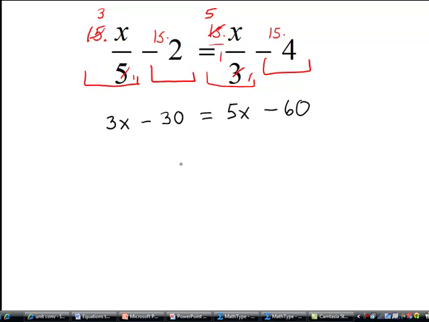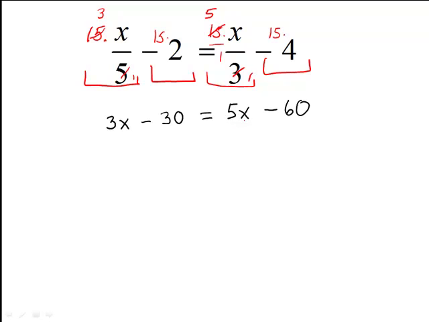Now we're going to solve. We have an x term on both sides, so we should get rid of one of the x terms. We could either get rid of the 3x or the 5x. I'm going to choose to get rid of the 5x. So I will need to subtract 5x from both sides.